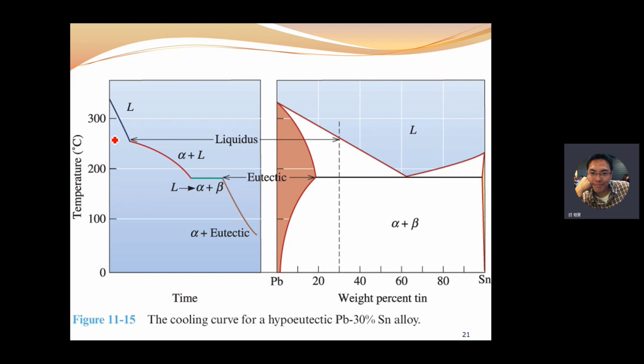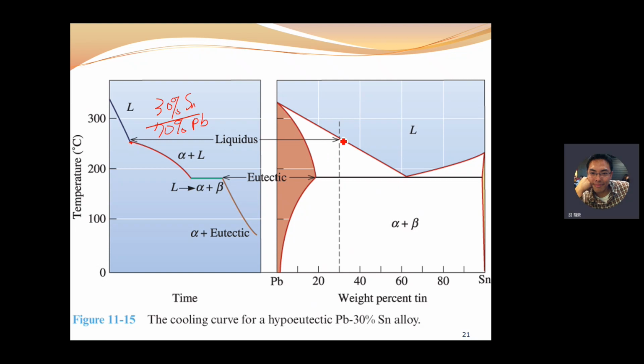Okay, so let's look at this experiment. We get this composition of, let's say, 30% of tin. That means we have like 70% of lead, right? And we just heat up to the melting temperature and cool down. And this point is the liquidus temperature here, right?